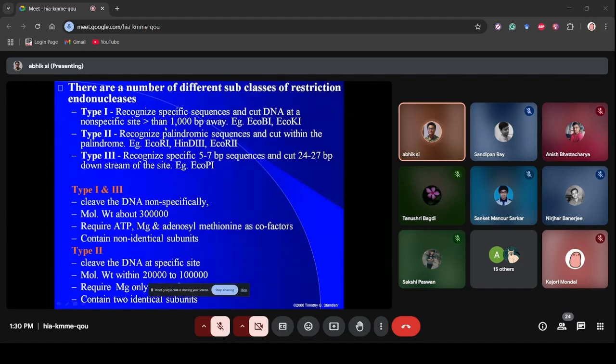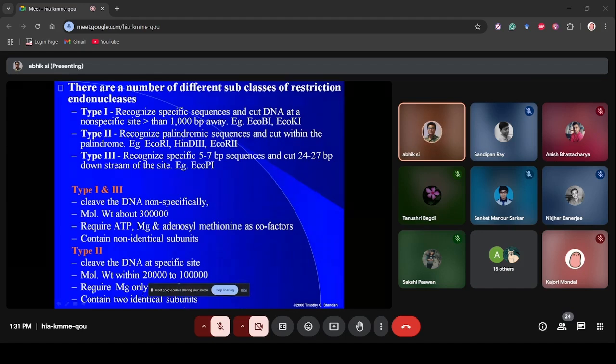Since they are bigger, they can cut some distance from the recognition site. But type 2 is small and has only 2 identical subunits, one subunit binds the upper strand, another subunit binds the lower strand. Since they are identical, if the upper strand is cut in between G and A, the lower strand will also be cut in between G and A.